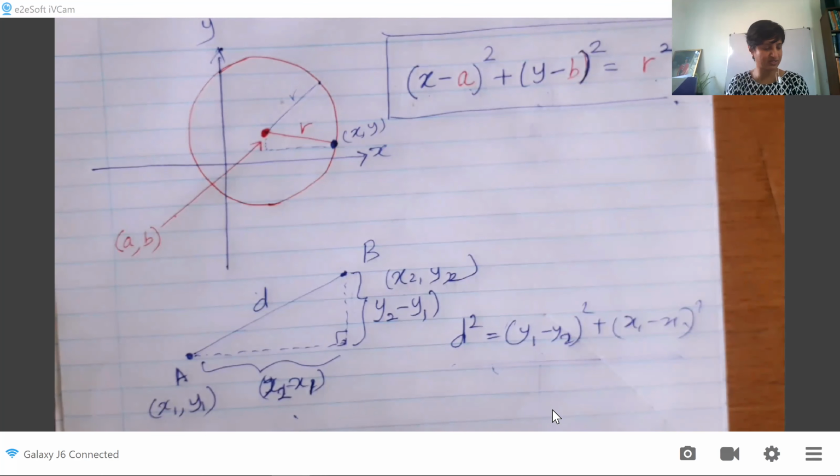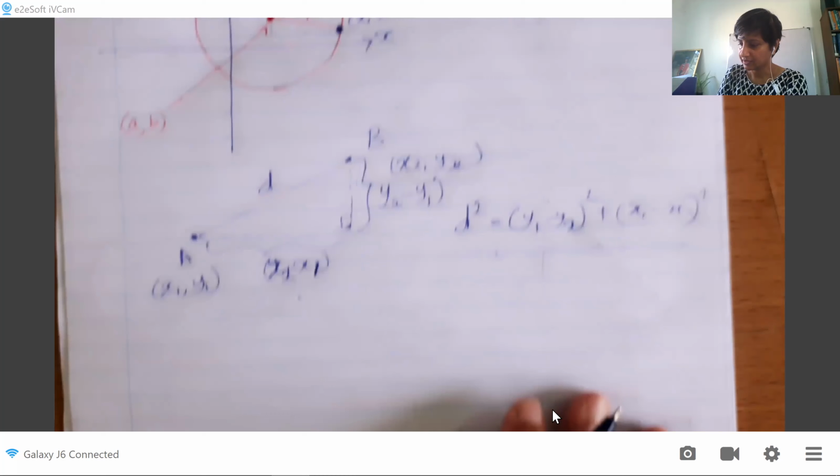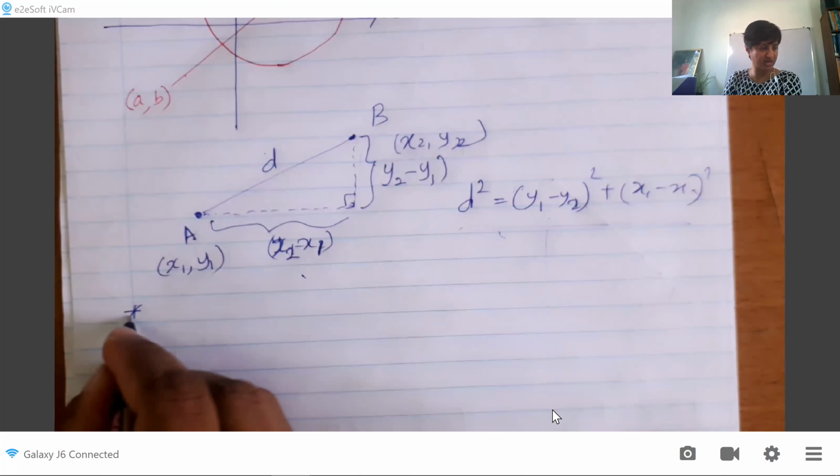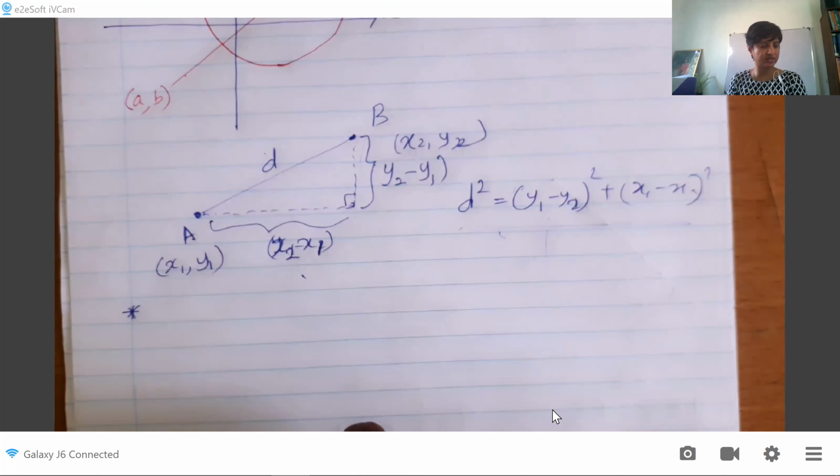So we'll just make a note of that. Put a star and write: if the center of the circle is the origin.